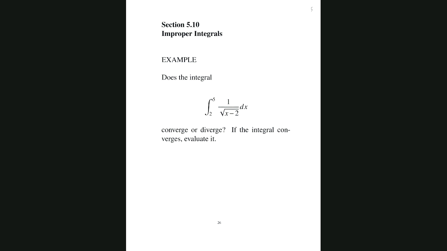That's right, Esther. Very good. When x equals 2, what's 1 over the square root of 2 minus 2? That's 1 over the square root of 0. That's right, Cologne.